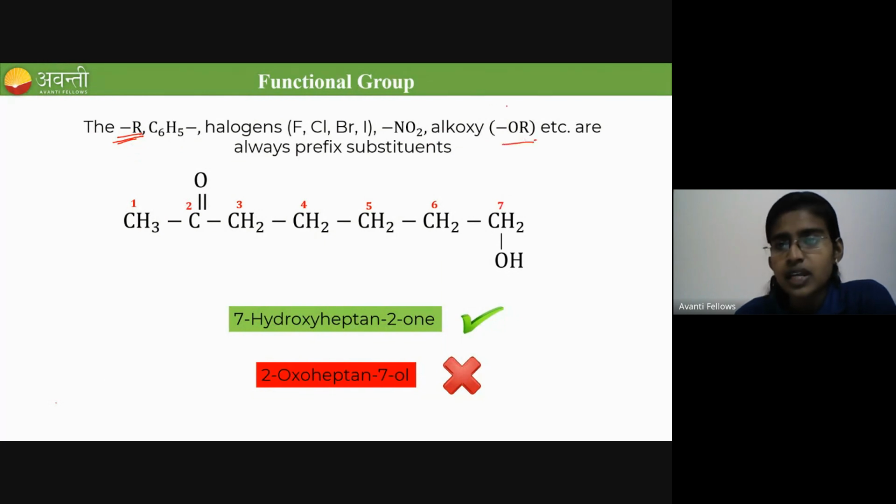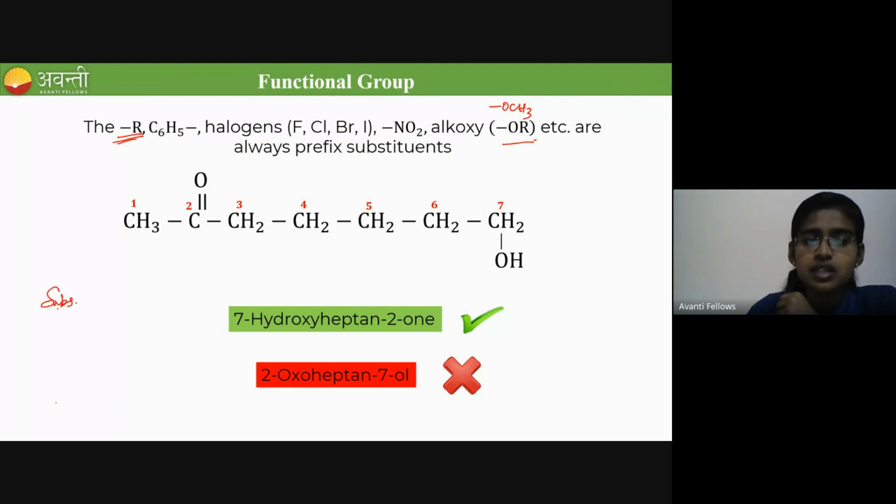Alkoxy means you can have OCH3, methoxy, ethoxy. So those are your prefix substituents mainly. They will not be the main functional group. So who are the prefix substituents? They are alkyl, alkoxy, mostly halogens, and phenyl and nitro.